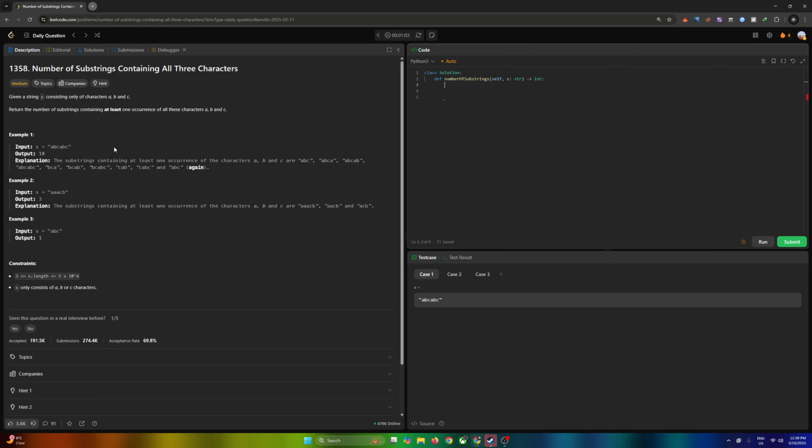One thing to note is, if we came up with an ABC substring, what's interesting is ABCA is also a valid answer, ABCAB is also a valid answer, and the whole string is also a valid answer. So once we get a valid substring, all the consecutive characters we add to it will also count.